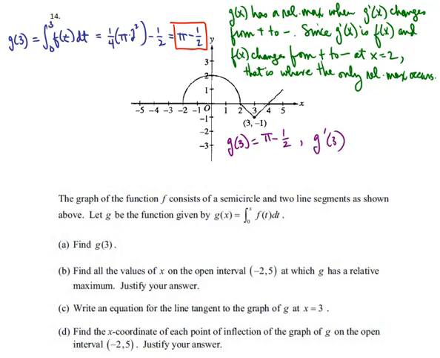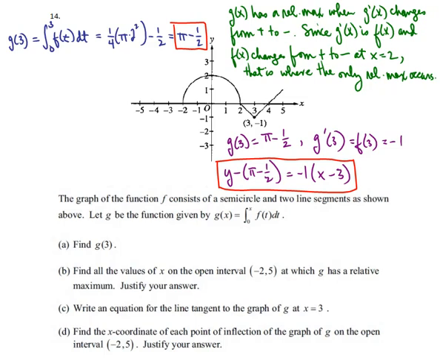The slope of g at x equals 3 is g prime of 3, and g prime of 3 is just f of 3, and that is -1. So putting the pieces together, we get y minus g of 3, which is the quantity pi minus 1/2, equal to m, which is -1, times x minus 3. And that's going to be our answer for part C.